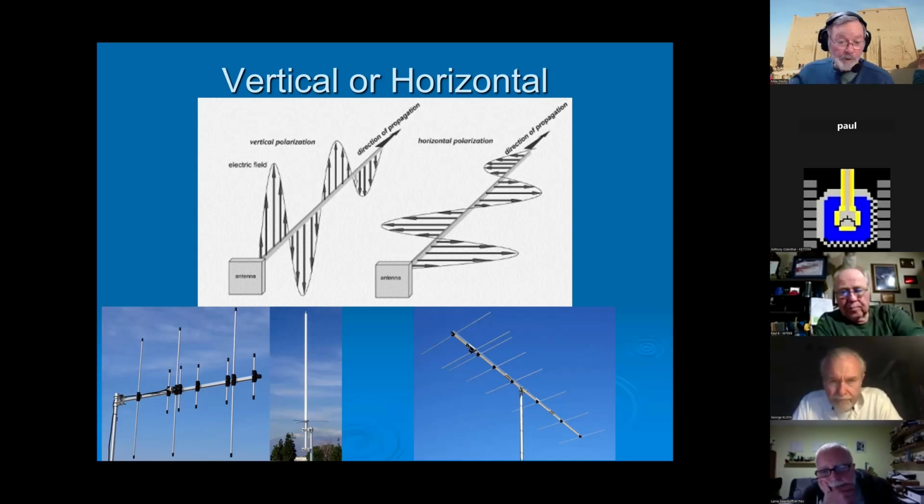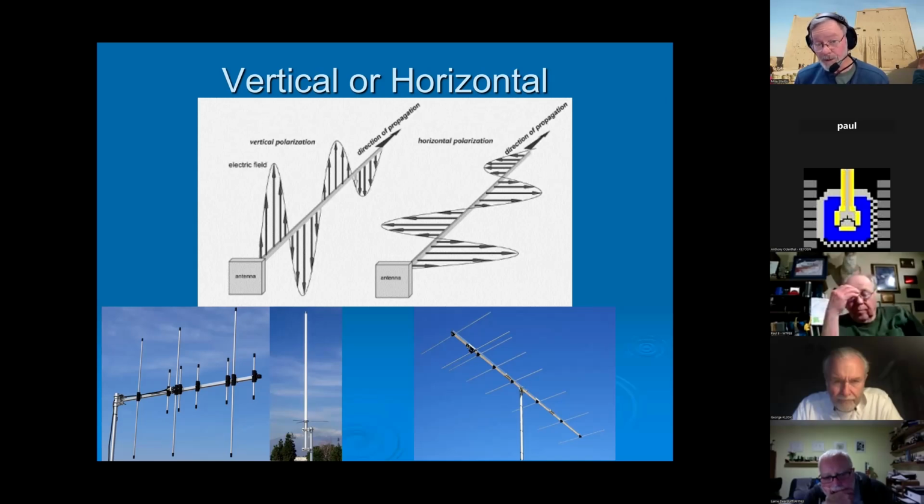When we're putting up our antennas, we want to make sure that they're oriented correctly for the kind of use that we're going to have. Because as those antennas transmit and also as they receive, they're going to be looking for a magnetic field coming in at them that has a certain polarization. Those 2 antennas on the left are both vertical antennas.